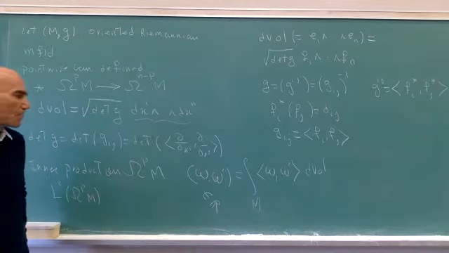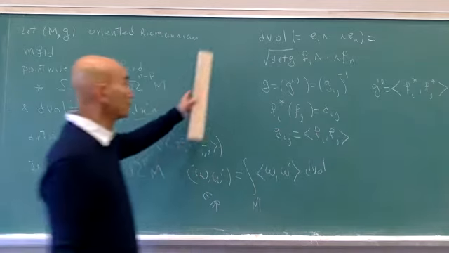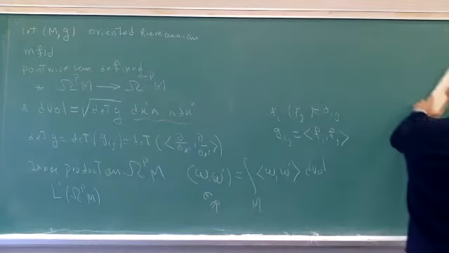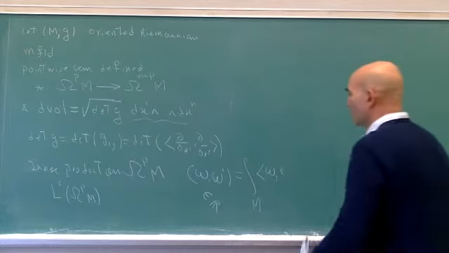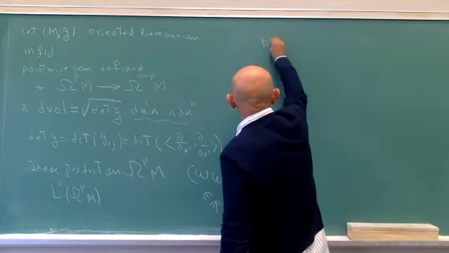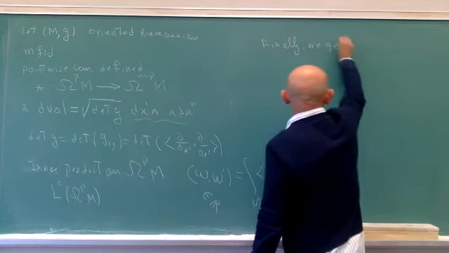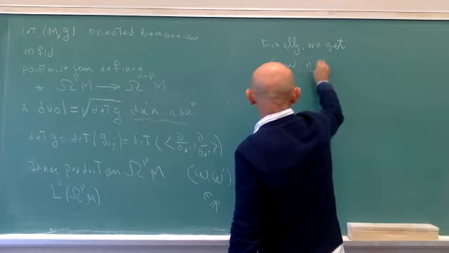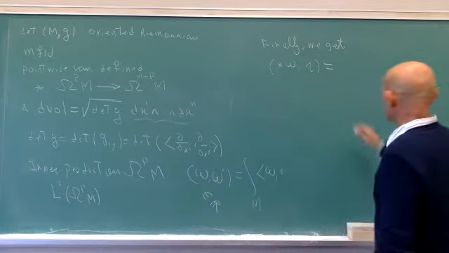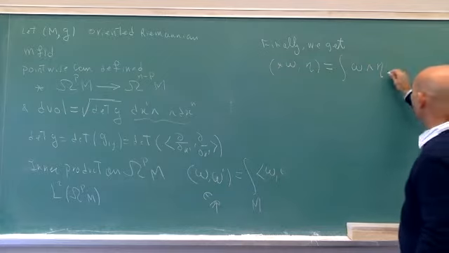So we get that. Now the defining relation for this Hodge star tells us the following is true: finally, we have that the inner product of star omega with eta is equal to the integral over M of omega wedge eta.